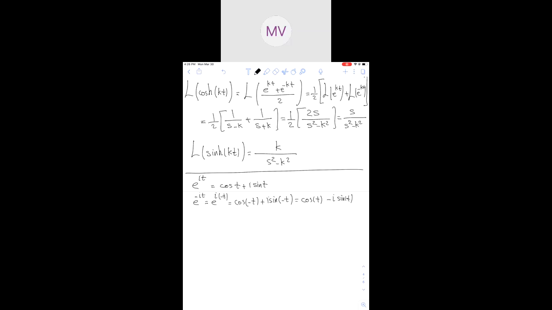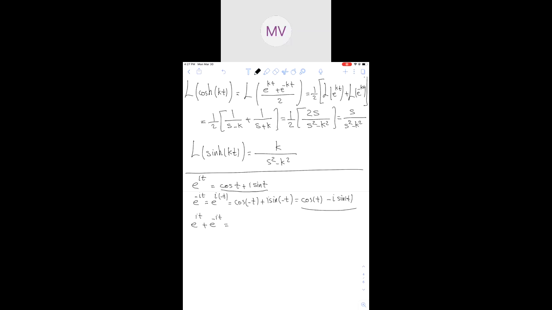All right, guys, I have a question for you. I'm going to go ahead and add these two guys. So what is e to the it plus e to the negative it? Well, simply I'm adding the right side with that guy. Now, 2 terms cancel out. Do you see it? When you add those two, the negative i sine t and i sine t cancel. So what are we left with?